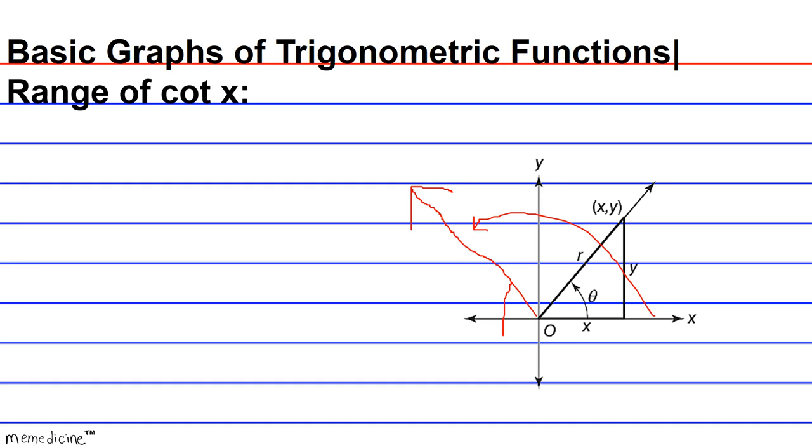So that would be 140 degrees. So if you have your reference angle in quadrant 2, it's basically going to be 180 minus the reference angle. In quadrant 3, it's going to be 180 plus the reference angle. And in quadrant 4, it's going to be 360 minus the reference angle. Okay, so that's just a little bit of convention for you.